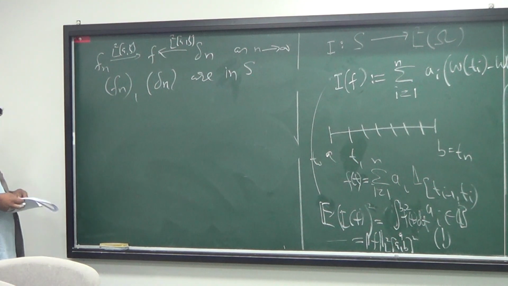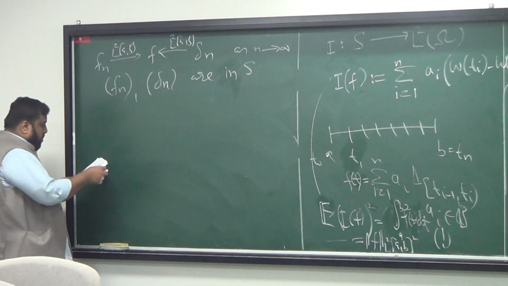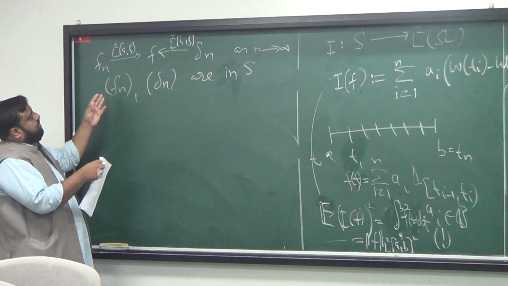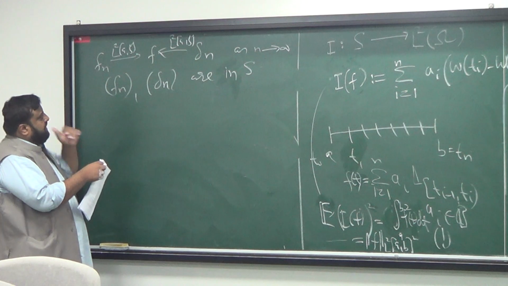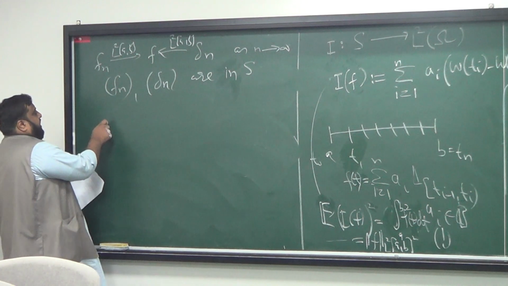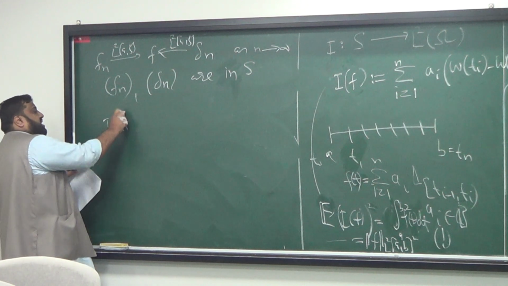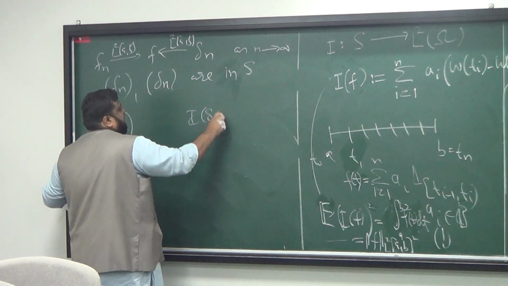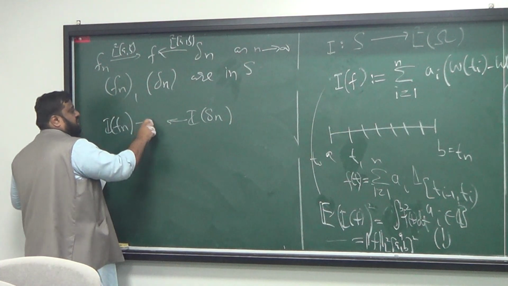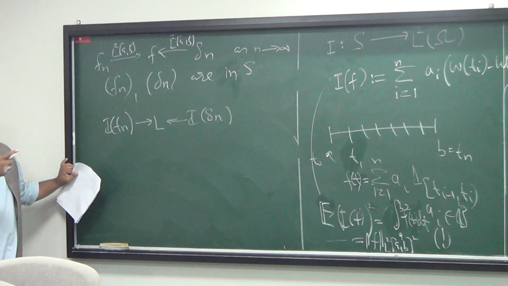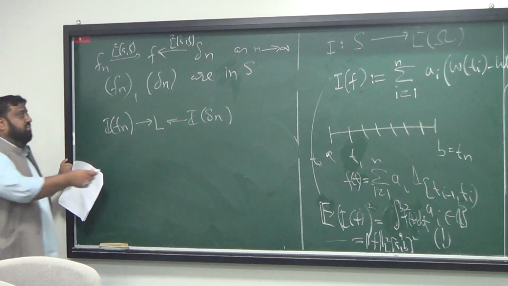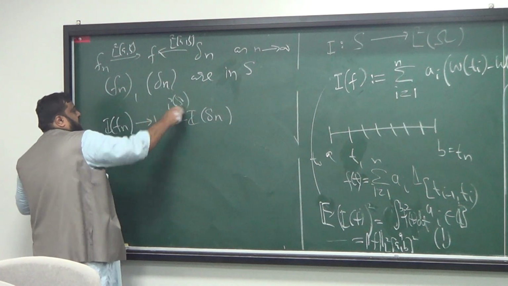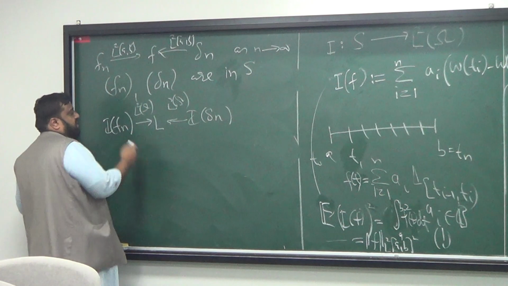So you can show it very easily. What should be done? You need to show that I of fn and I of gn both converge to the same limit in L2(Ω).